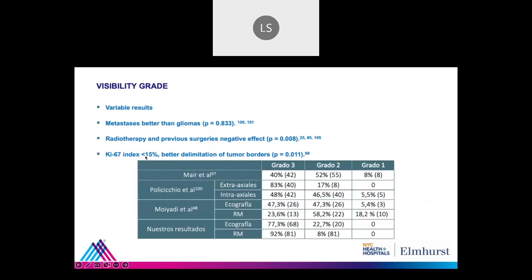And this is the study I was mentioning before, which says that the lower the index, the better the visualization. And these are some results from prior literature studies that haven't used the same grade system that we described, and we don't have to get into that.